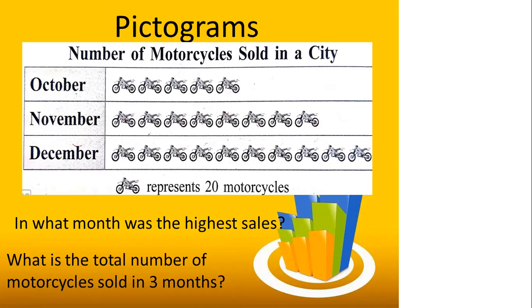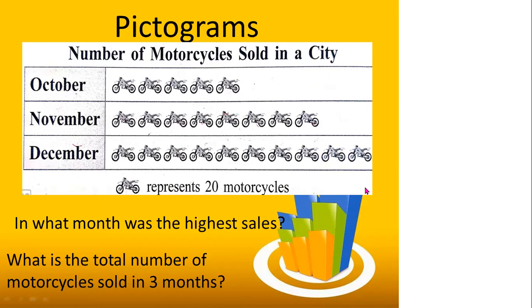Omsin? Okay. What is the total number in 3 months? All right, how many? What is the total? 460.